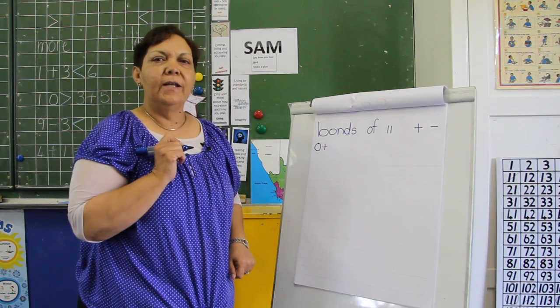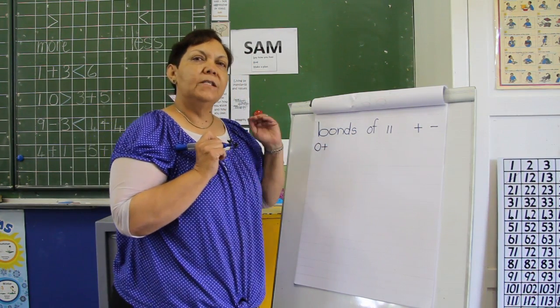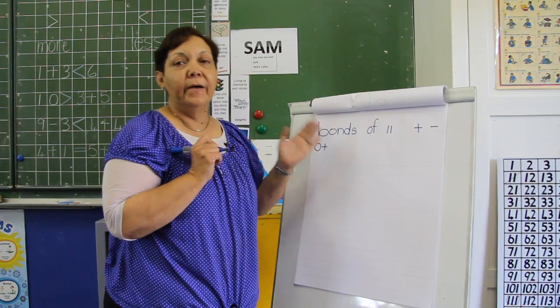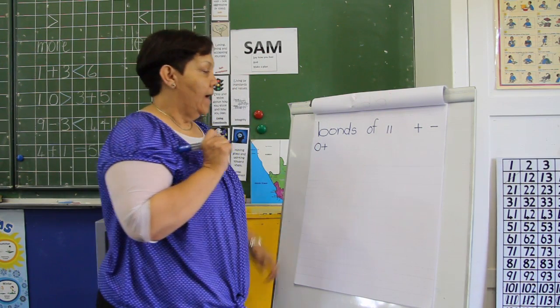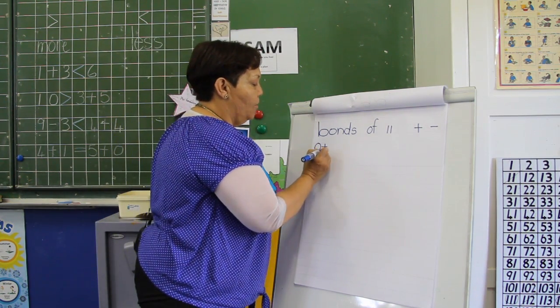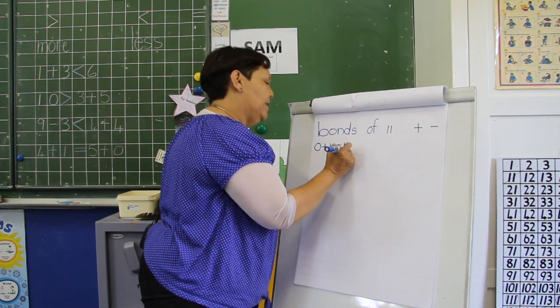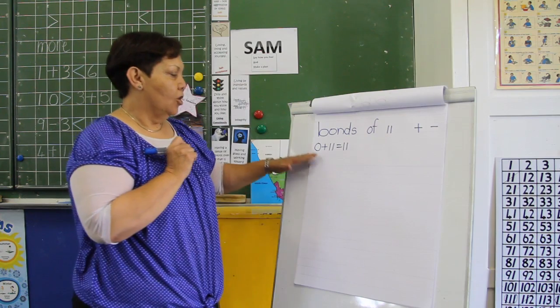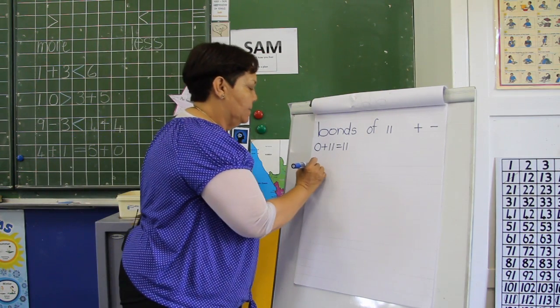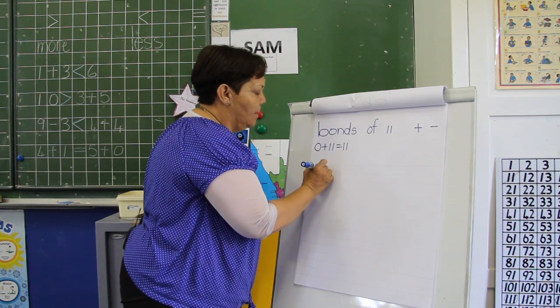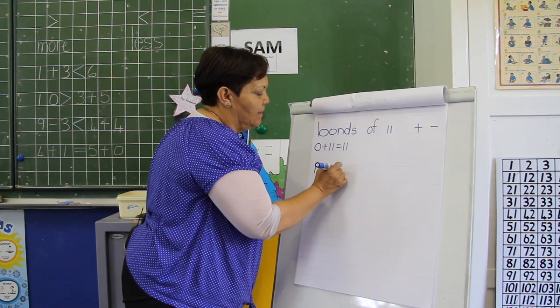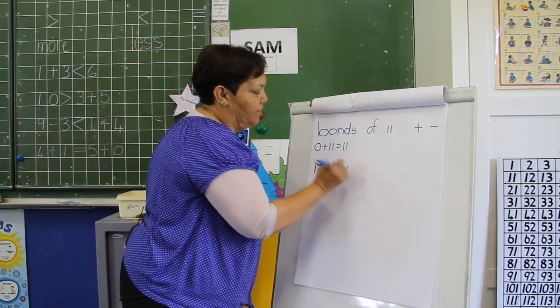The children need to understand when they're writing bonds, always start from the smallest number to the biggest number. And the first sum is going to be 0 plus 11 equals 11. And they continue with all their sums. The next sum will be 1 plus 10 equals 11.